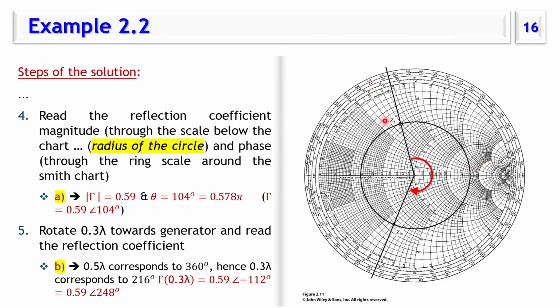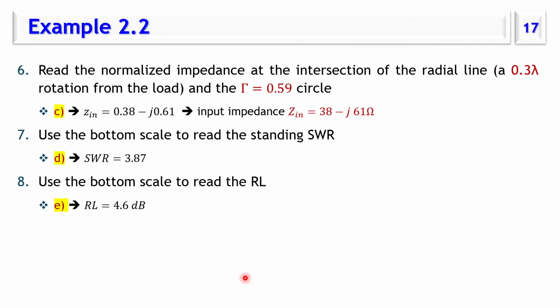So this is positive, this is negative. You can use whatever scale, from 0 to 360, or from minus 180 to plus 180. Both of them, of course, are correct. So we have now solved the input impedance and reflection coefficient, and next the standing wave ratio.